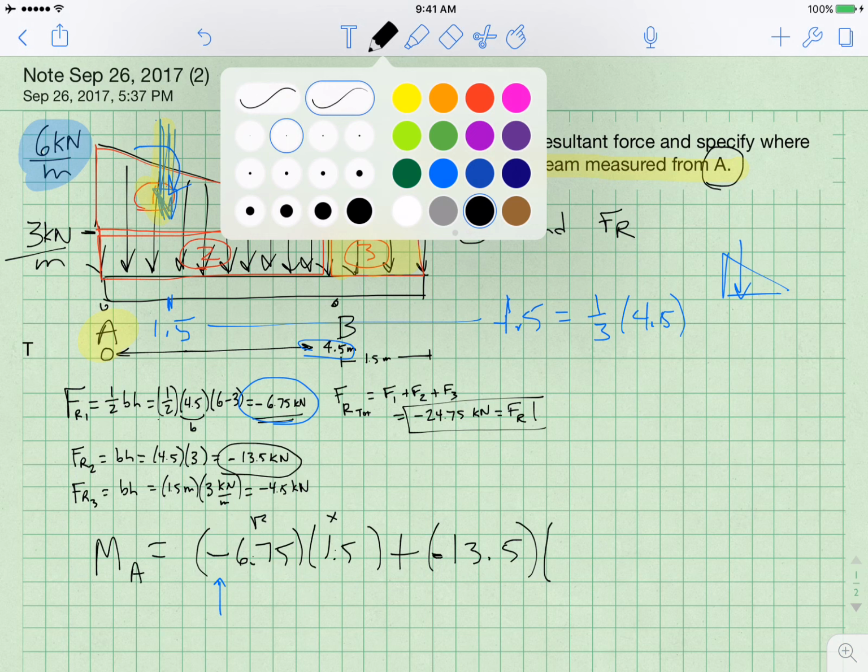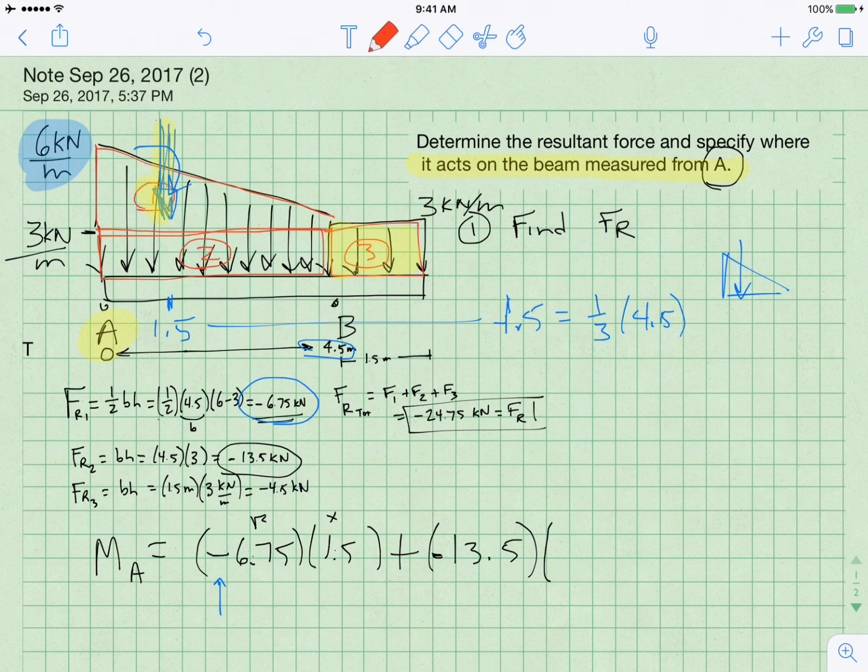I'm going to put force 2 in a red color. We need to situate it exactly in the middle of this rectangle. So FR2, we can envision as being right there. So what is half of 4.5? Well, that's 2.25. So that's 4.5 over 2.